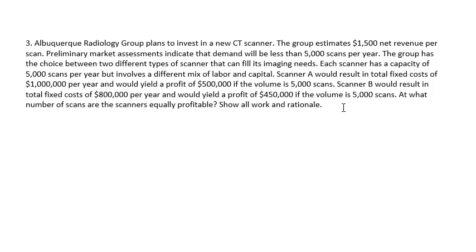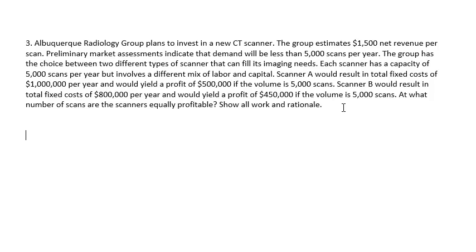So what you're basically setting up is that total profit equation. You got your revenue minus your fixed expenses minus your variable expenses. These 2 scanners are going to be equal. So you're basically setting those 2 formulas equal to each other, and you're cranking through a little bit of algebra.